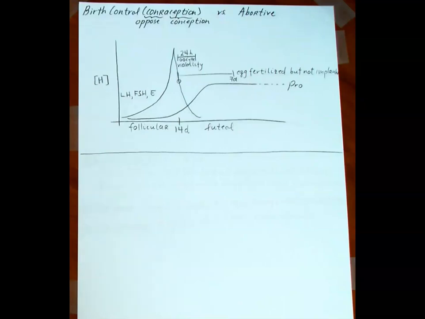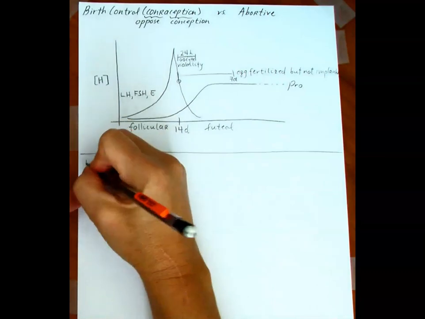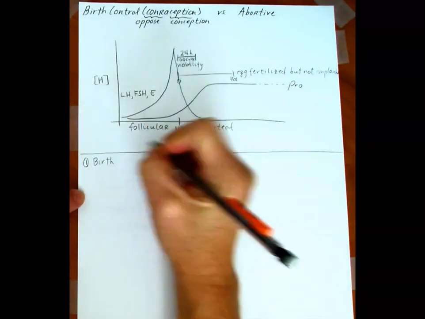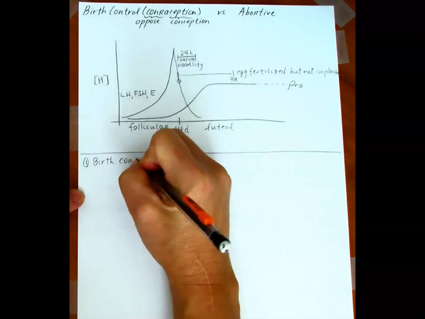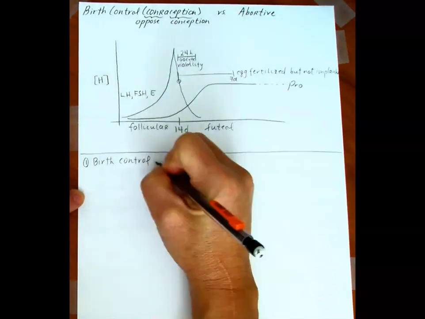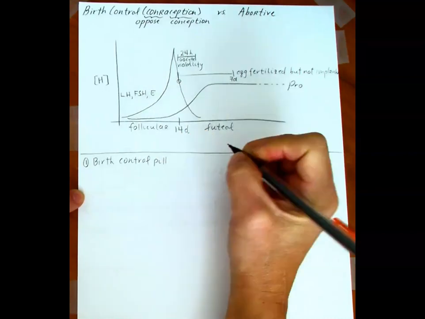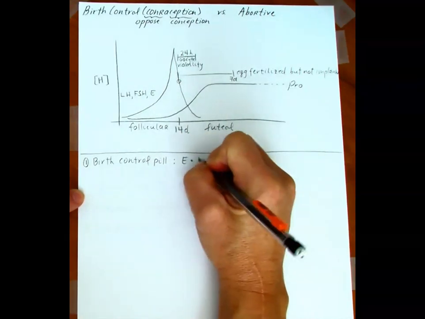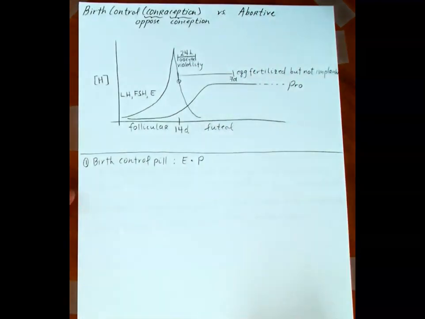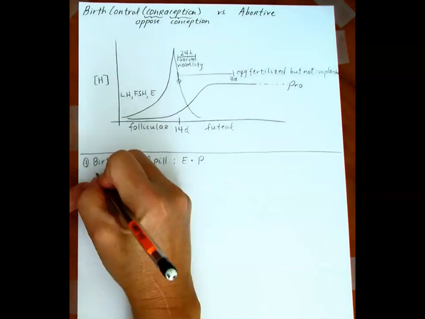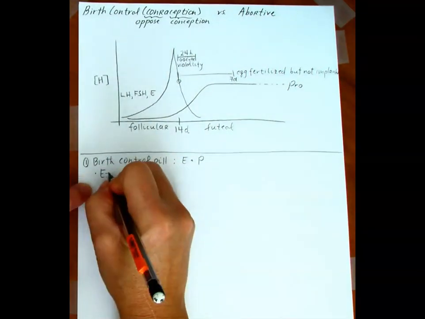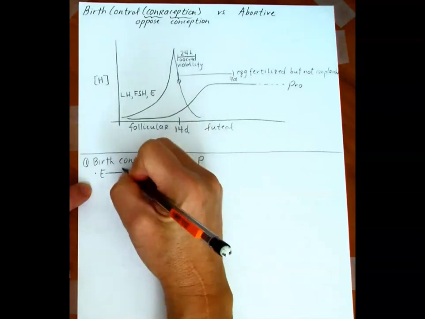Now, number one, this is the classic birth control pill. And it is made out of a synthetic estrogen and a progestin. Okay? Progestin is a categorical term for progesterone-like hormones. Now, estrogens cause negative feedback, and you already know this on the HPG axis, right?